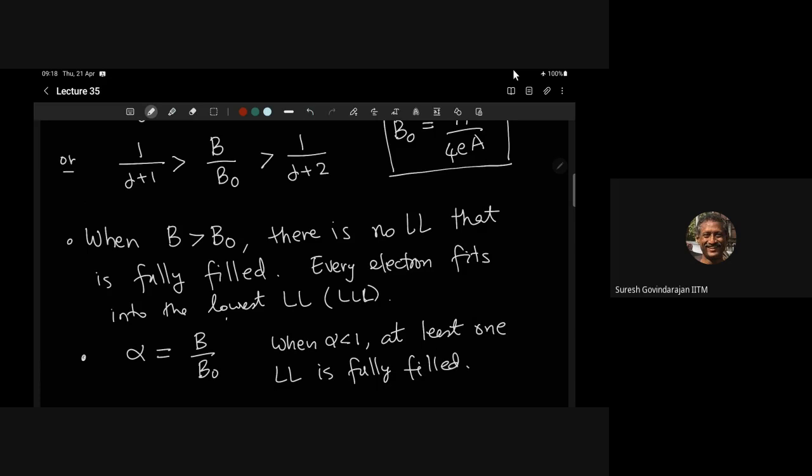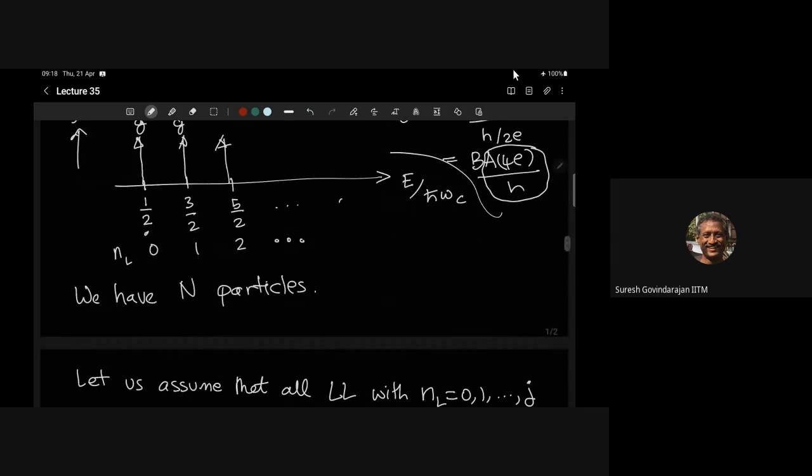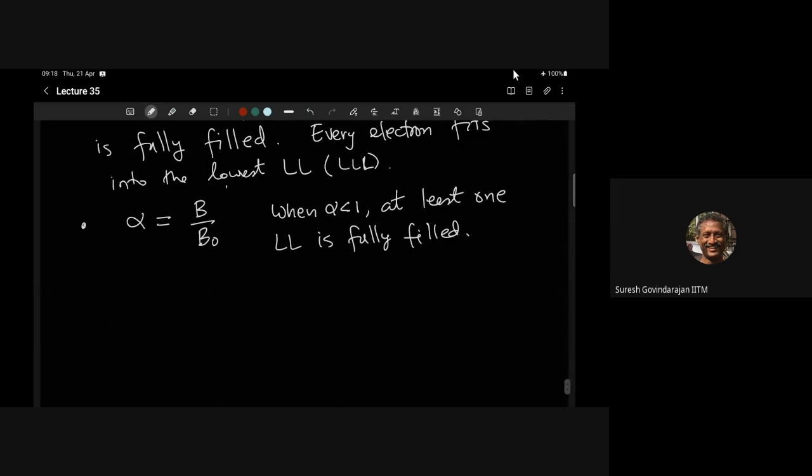Every time a Landau level gets filled, there's a jump happening. And one more thing I forgot to write in this picture is the spacing. I've written it in terms of h bar omega c. Good, so this is what we have.